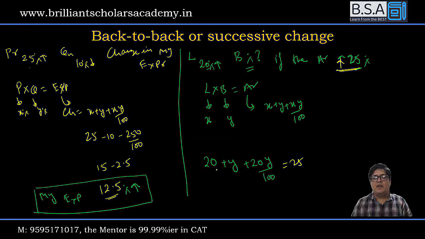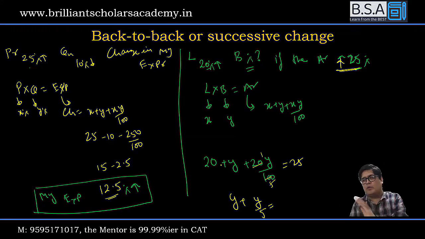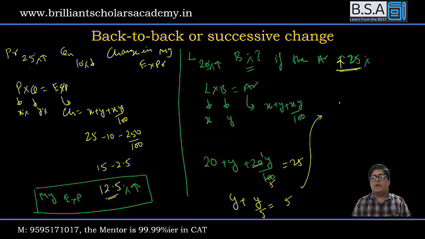Done. This 20 goes on the opposite side. Y plus, can I cancel this 1 times and 5 times? Y plus Y by 5 is equal to 5. Now you solve the left hand part. It will turn into 6Y by 5 is equal to 5. Y is equal to 25 by 6.